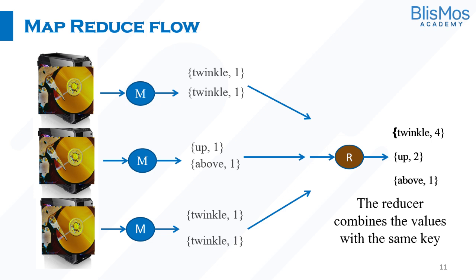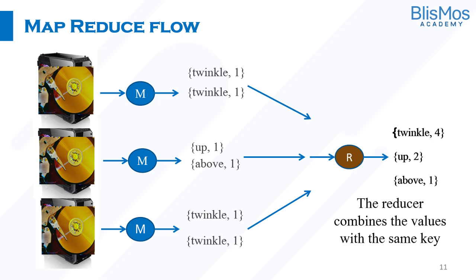The same thing is done by something called a reducer. It takes the intermediate results produced by the mappers and then combines the words with the same key as the final result. You guys are with me?